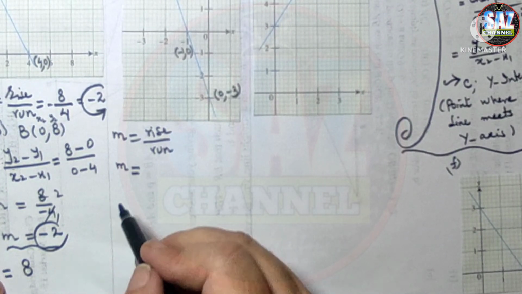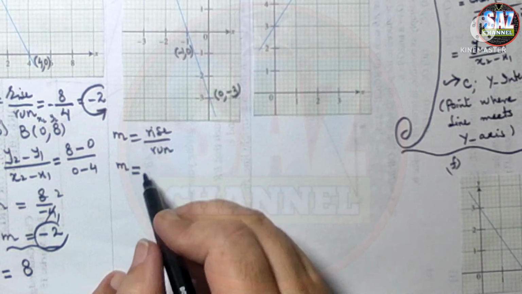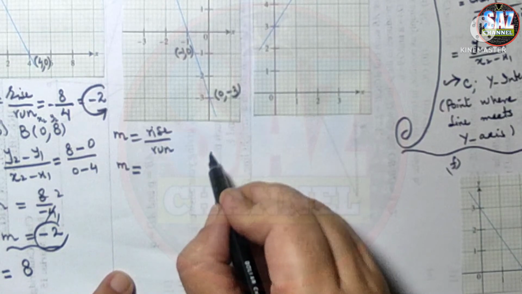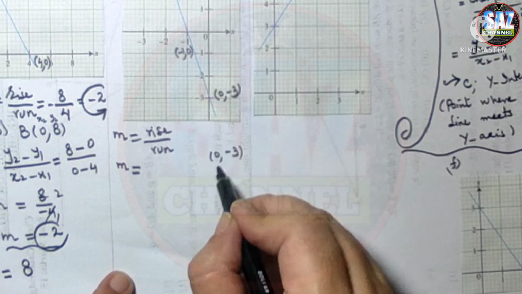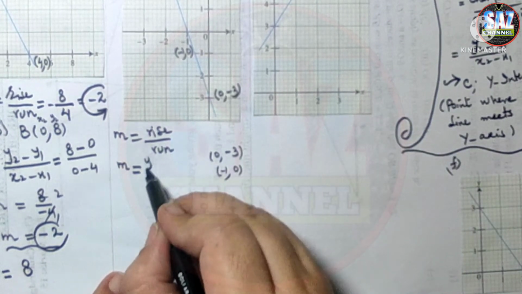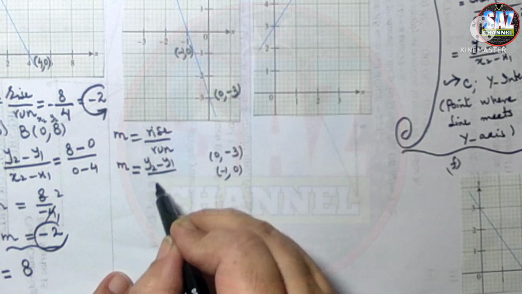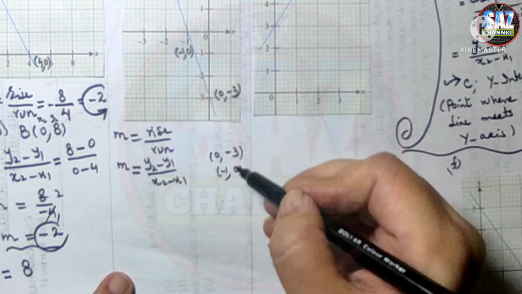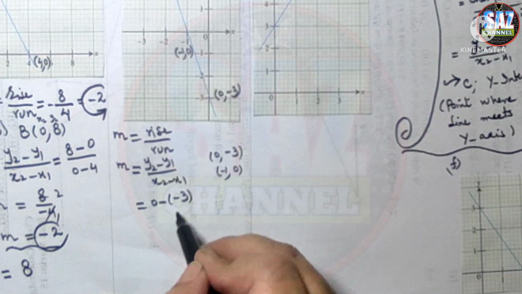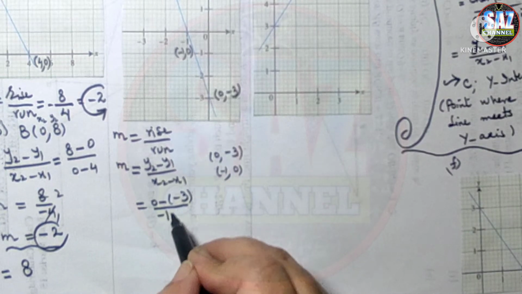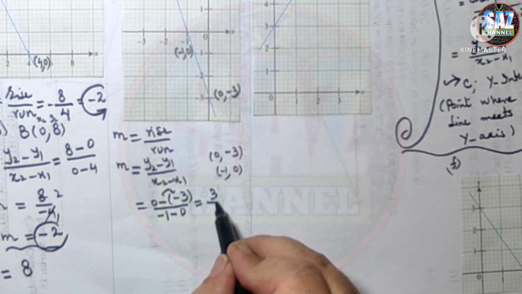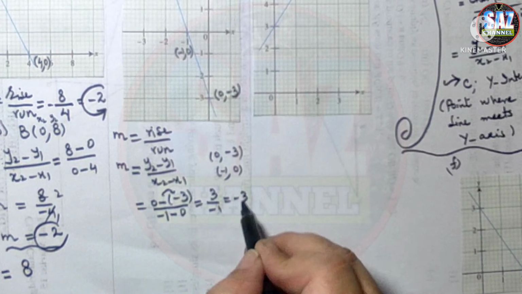We'll be confirming that. Now what we can do is take the points 0 with -3 and -1 with 0. y2 minus y1 upon x2 minus x1: 0 minus -3 from the question, and -1 minus 0, and this will give me 3 upon -1, which is equal to -3.